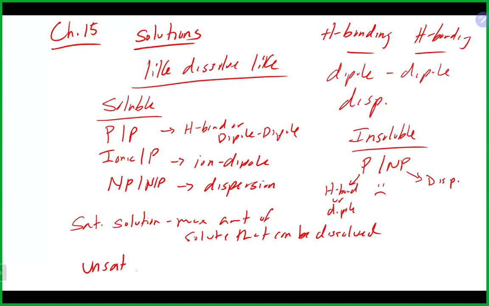We also have an unsaturated solution, which is where you can still dissolve solute, and it will continue to dissolve until you hit a saturated solution. We also did a supersaturated solution in the lab. A supersaturated solution has way too much solute dissolved in the solvent at that given temperature, and it becomes a very unstable solution.